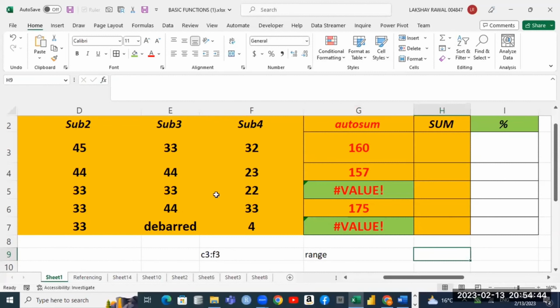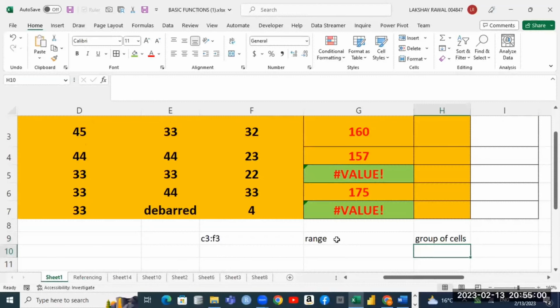Whenever you see anything with a colon, colon means from here to here. It is called range in Excel. And what is range? Range is nothing but a group of cells.